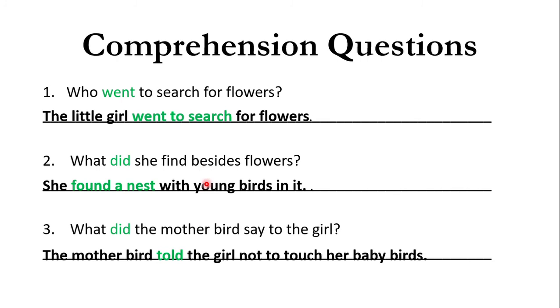The mother bird told, past of tell, because the question is in the past tense, the girl not to touch her baby birds. This is the answer. Remember, it is in a complete sentence. It must have full meaning, the first letter capitalized, and it ends in a period.